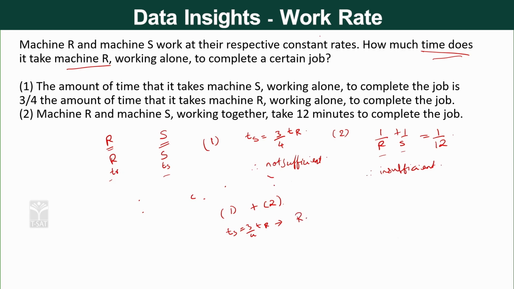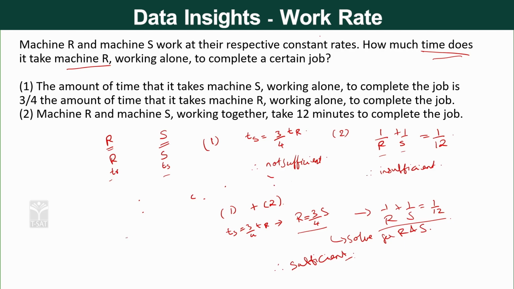So, R will be equal to 3/4 S. Substituting this into statement 2, that is 1/R plus 1/S is equal to 1/12, you can solve for R and S, and thus you can also say what T_R is, which is nothing but 1/R, and therefore, together these are sufficient. You do not need to make the calculations, you just need to work it out till you can say that there are two variables and there are two equations. So, we can easily answer the question.